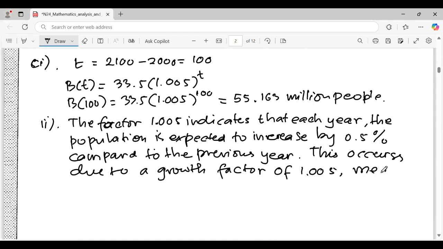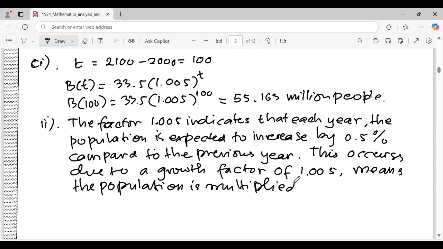It means that the population is multiplied by 1.005 every year.